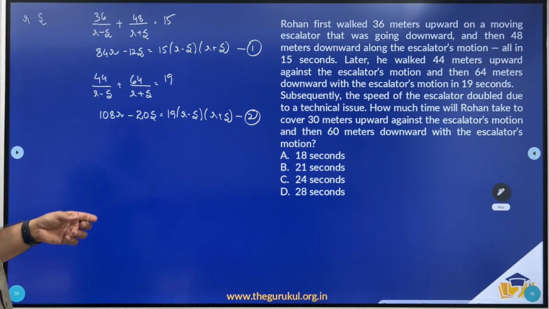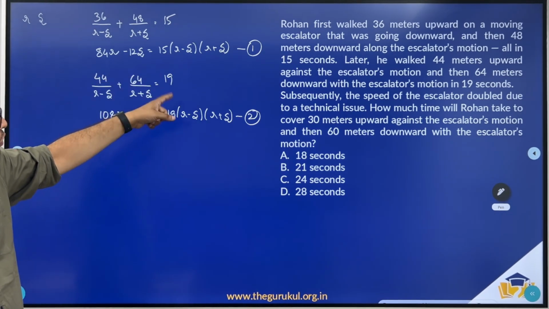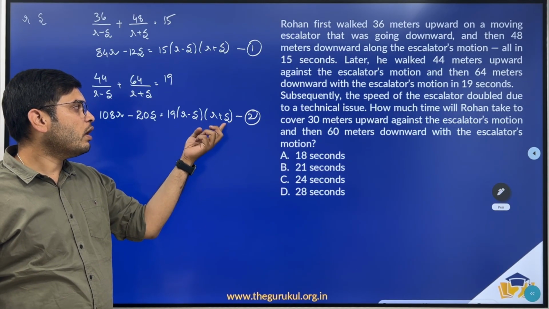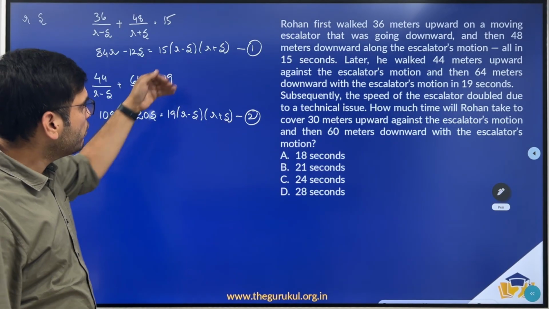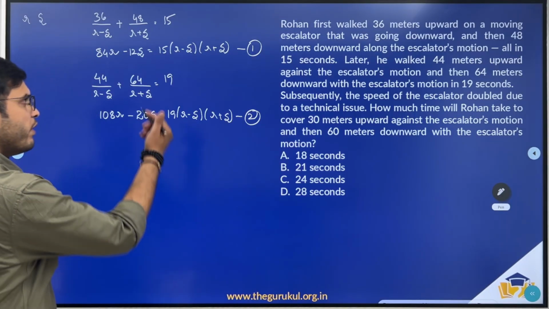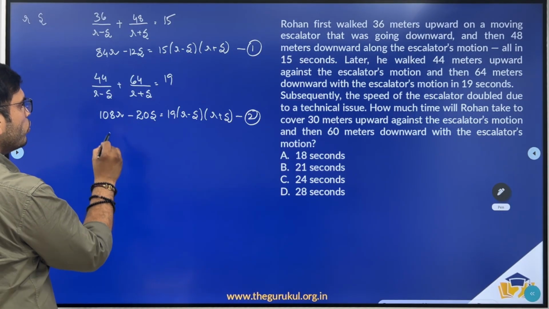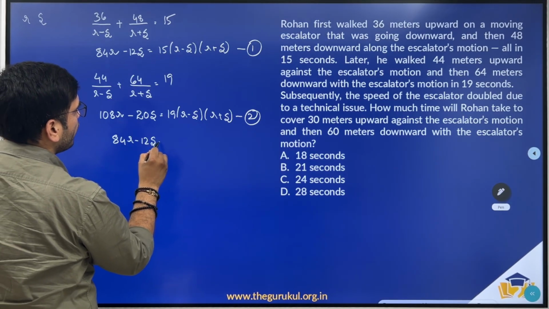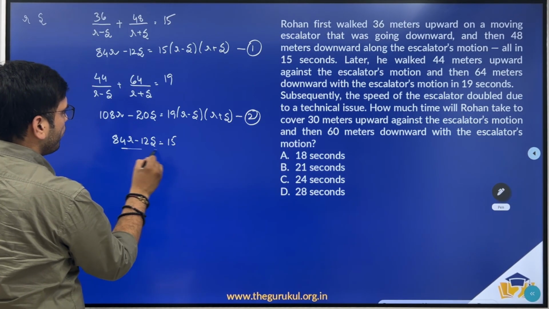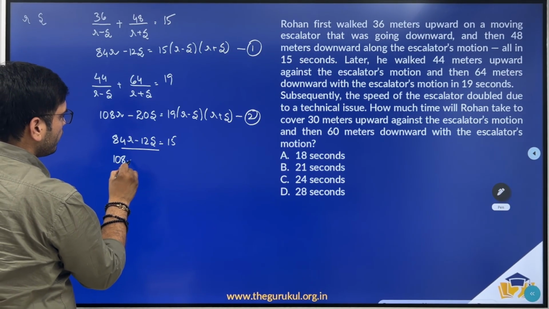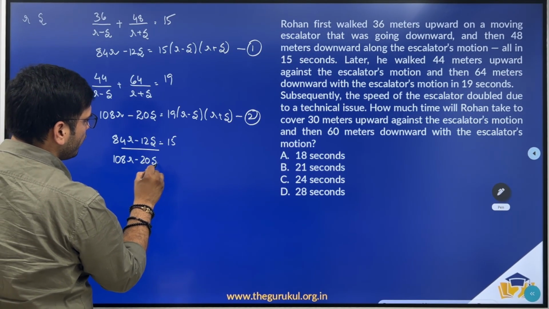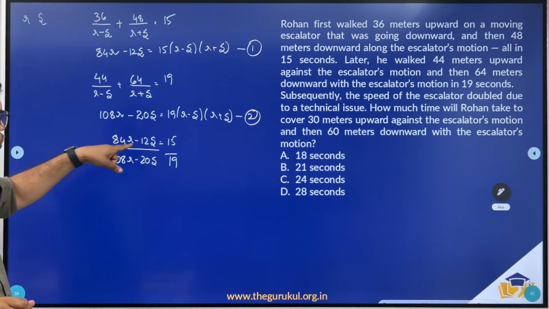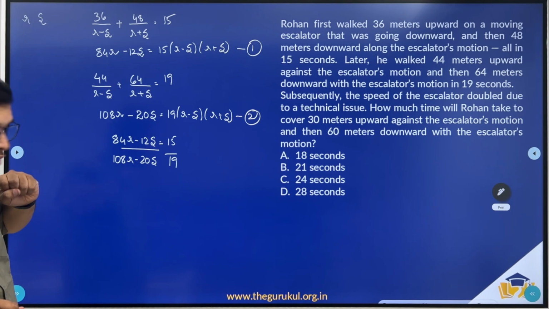Now let me divide equation 1 by equation 2 so that r minus s into r plus s will be eliminated from both the equations. So if I divide 1 by 2, we have 84r minus 12s over 108r minus 20s is equal to 15 by 19. Now what can I take common? 4.